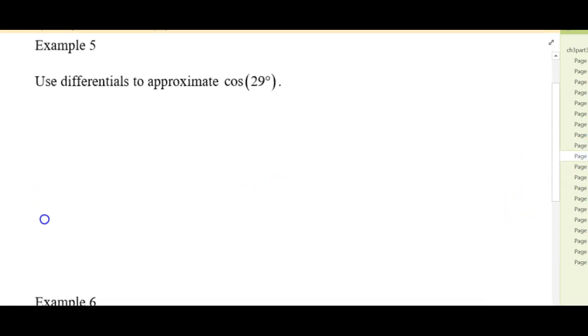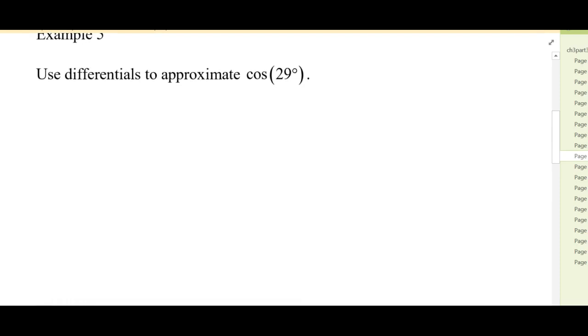Let's see the next page. We want to use differentials to approximate the cosine of 29 degrees.